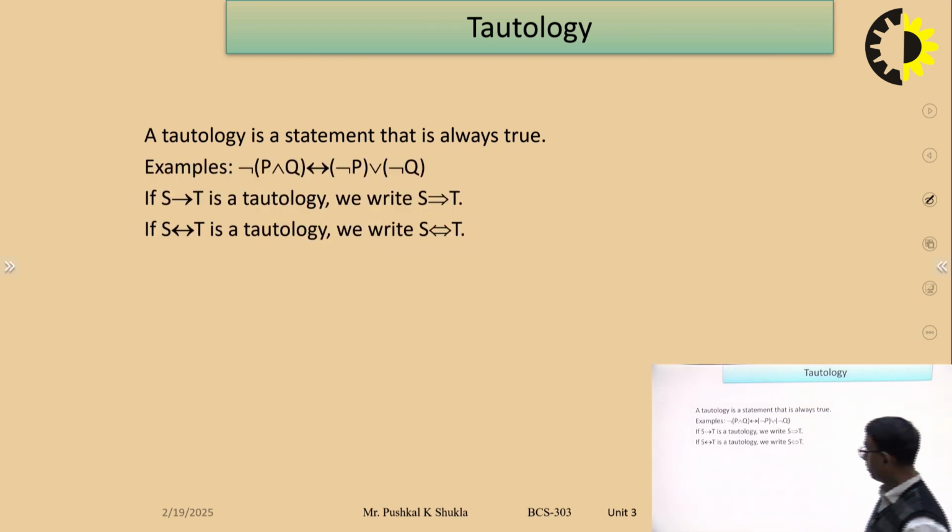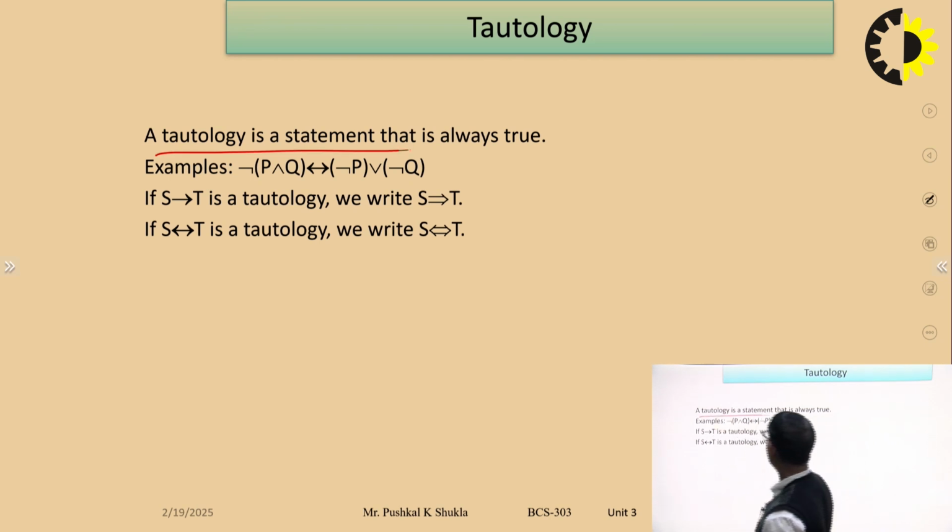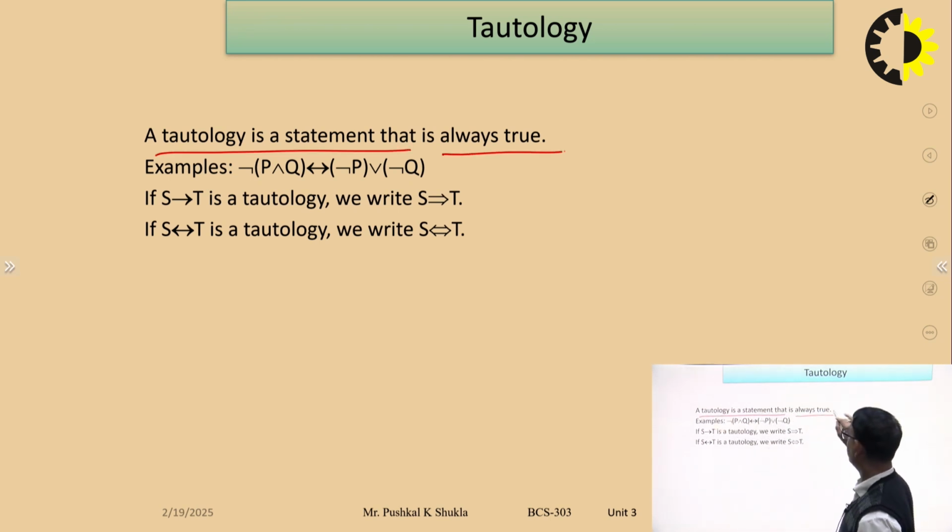Now tautology. A tautology is a statement that is always true. If you make a truth table for the propositions, and we get expressions having truth values always true in all cases, then we say it is a tautology.